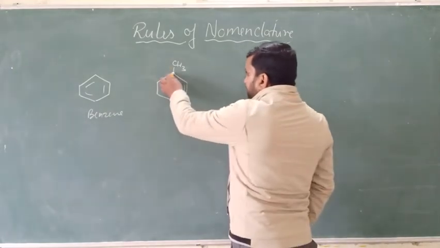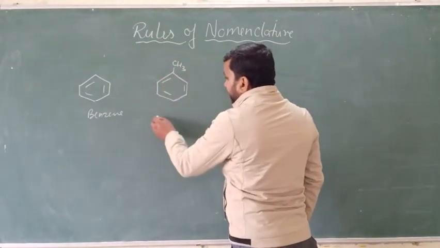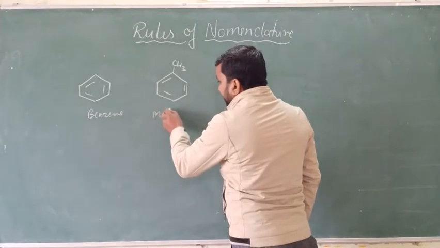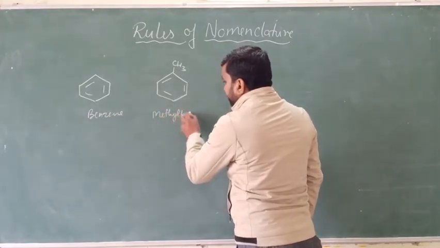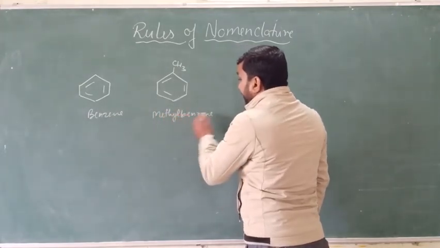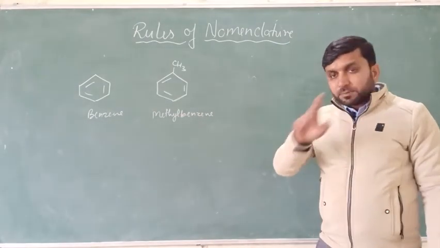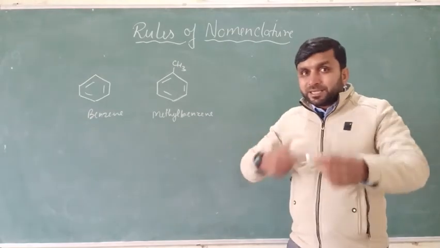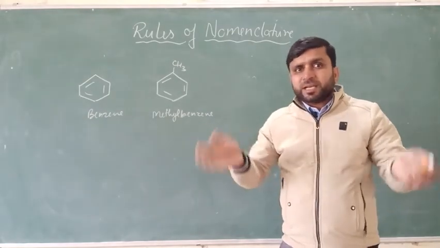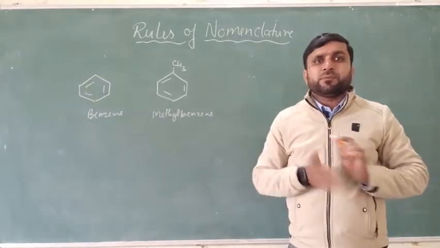Because methyl is attached to the benzene ring, the name will be written methylbenzene. I have not written the position of the branch here because there is only one branch and the compound is cyclic. So wherever it is attached, that will be given the first position.